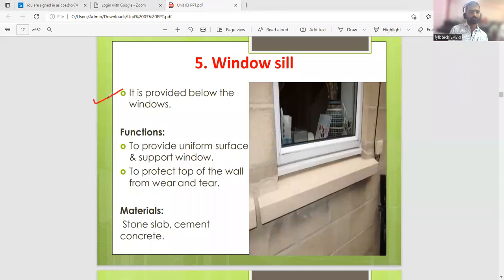It is provided below the windows. Then functions. To provide uniform surface and support to window.